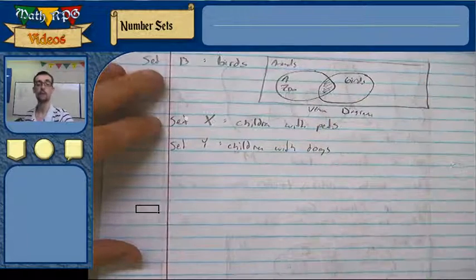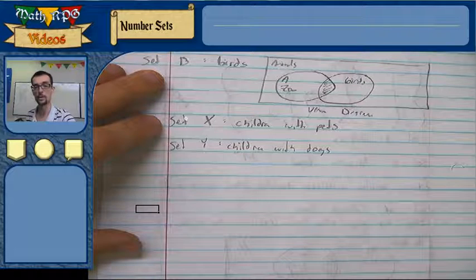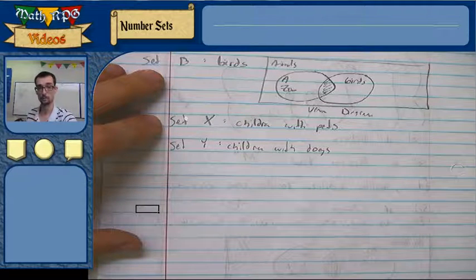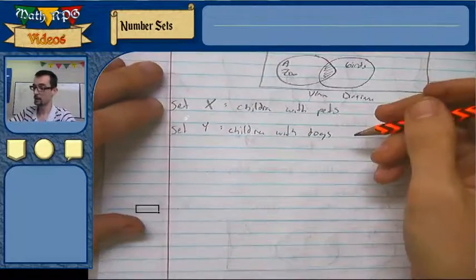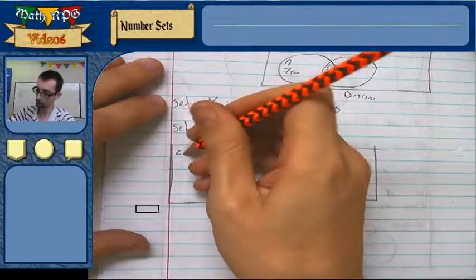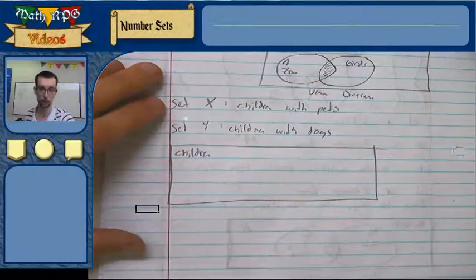Now right away I want to ask you the question: which set is going to be bigger? In other words, which set is going to have more members or elements or objects or children inside of it? The one that's children with pets or the one that's children with dogs? Well, you can imagine. I can draw a picture. First of all, my box might just be all the children in the world, because that's what they have in common.